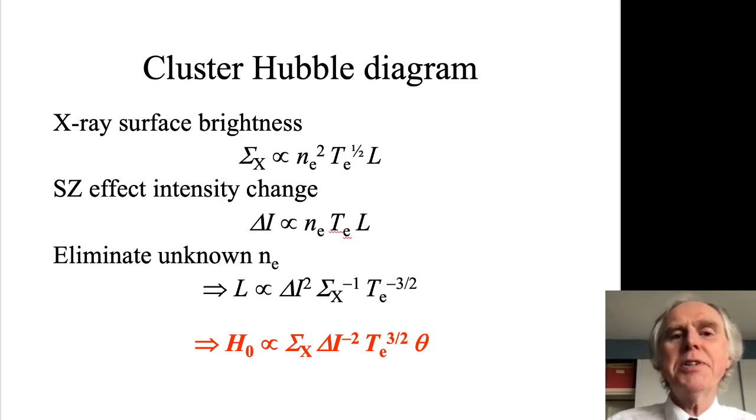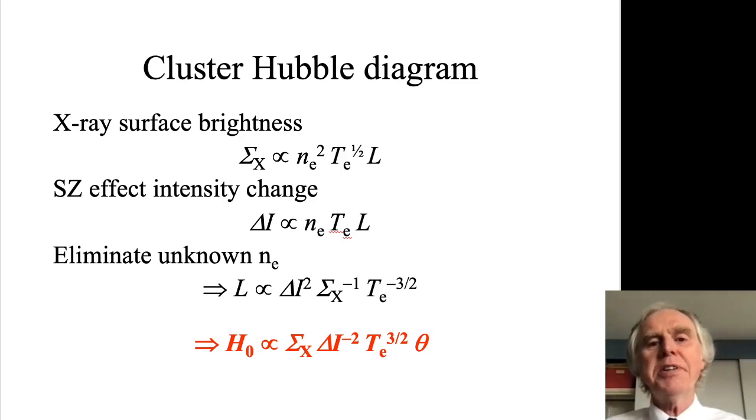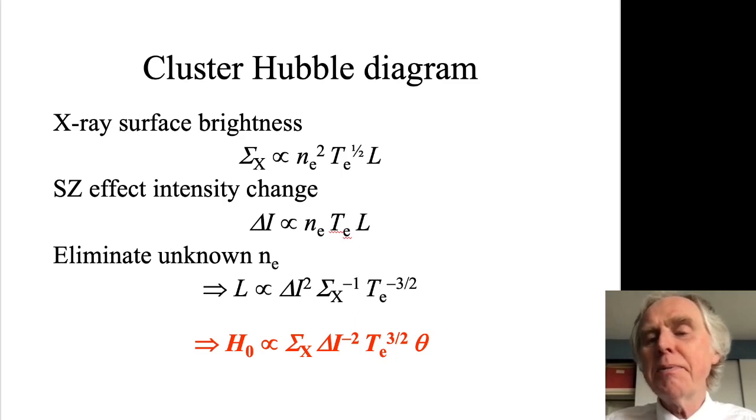In particular, if I take these two expressions and square the SZ effect one and divide by the X-ray one, I can eliminate the electron density. And I can rearrange to get an expression that says what the size of the cluster L is in terms of the SZ effect squared, the X-rays to the -1, and the electron temperature to the -3/2.